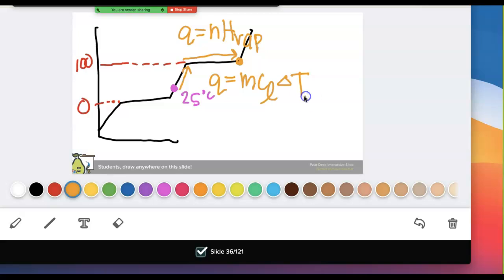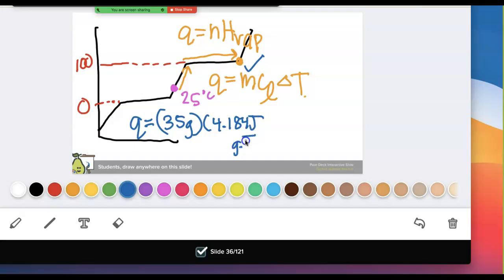Let's do this first one. The mass is 35 grams. Check. Specific heat of liquid water, I look up in my notes. It's this number. Don't have to memorize it. It's a constant. Delta T is for this arrow only. The final temperature of this arrow is 100.